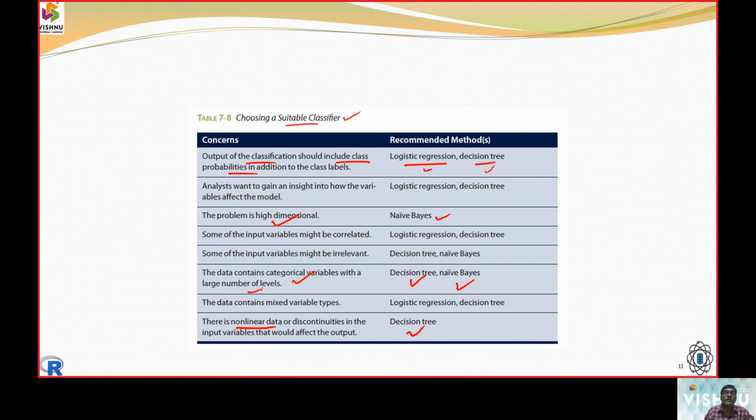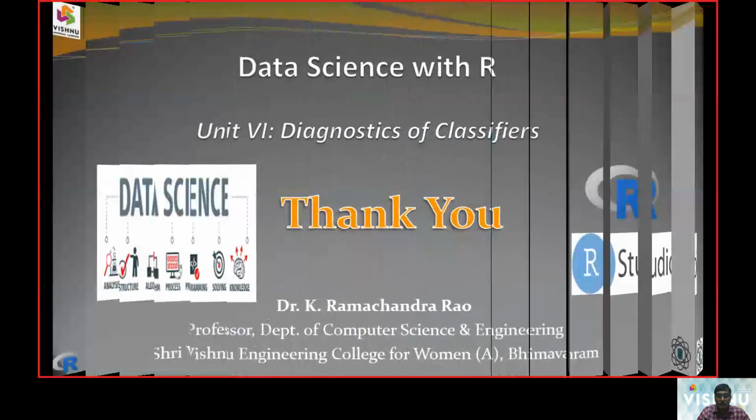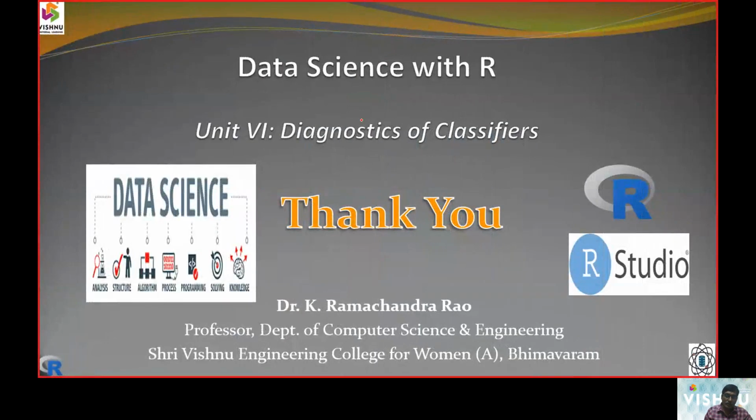And the most important thing is that if the data contains mixed variable types, like continuous or numeric values, ratio scaled or interval scaled values, then the decision is to look at logistic regression or a decision tree. So this is all we need to look at as part of the diagnostics of a classifier. Thank you.